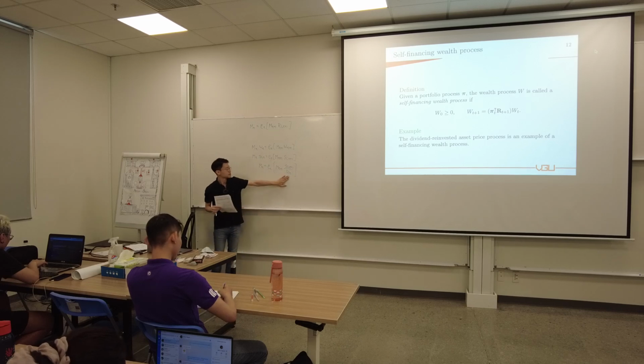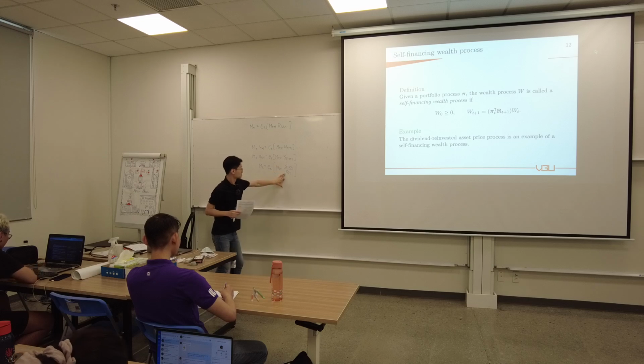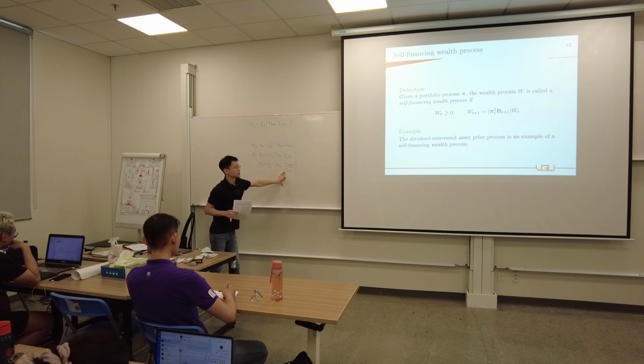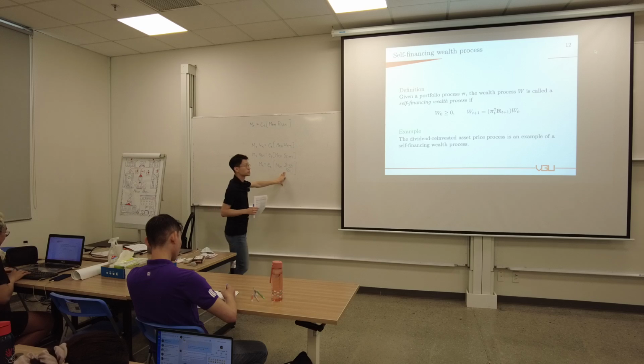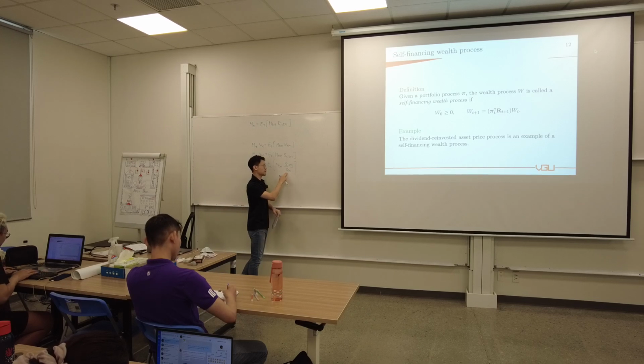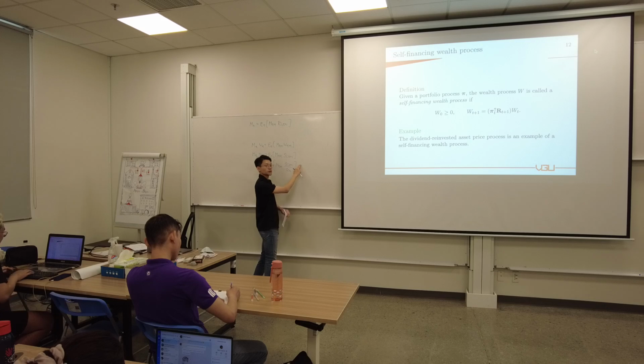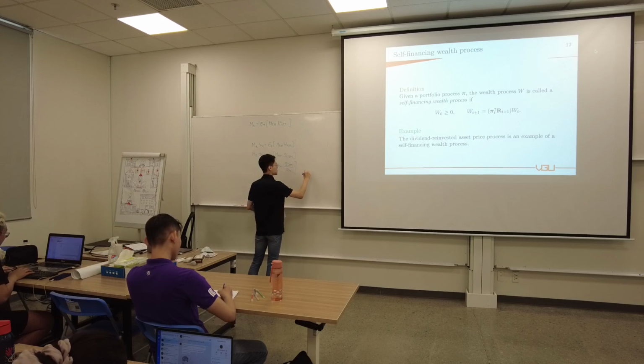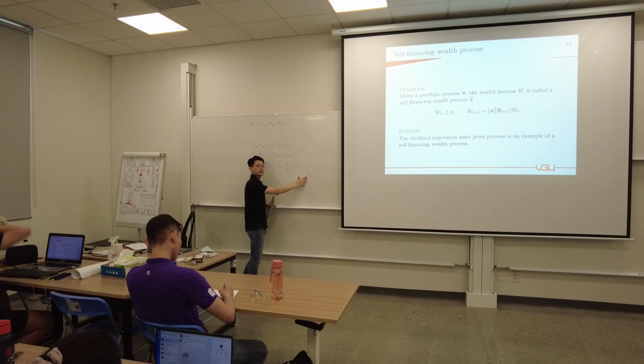So what is the value of this dividend reinvested asset price process? At the beginning of time t, we have SIT, so we buy SIT of it. And after one period, what do we get? Let's say at the beginning we buy PIT of it.